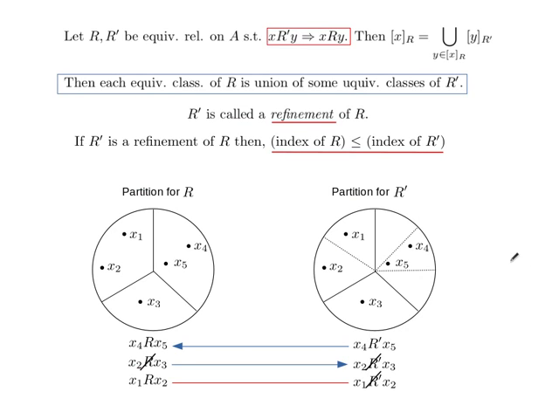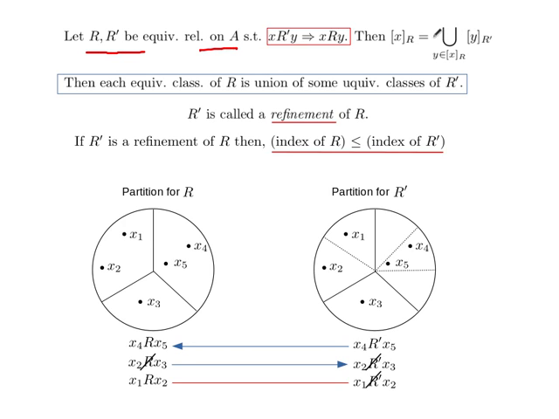So you take two equivalence relations, R and R prime, both on the same set, say on A, and if it is the case that x is related to y in R prime implies that x is related to y via R, then if you take the equivalence class of x in R, that will be a union of some equivalence classes in R prime. It's precisely this union.